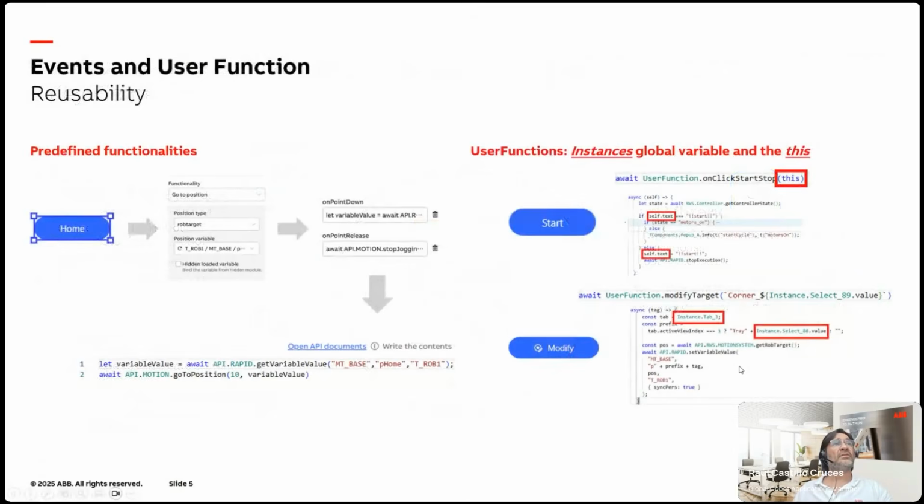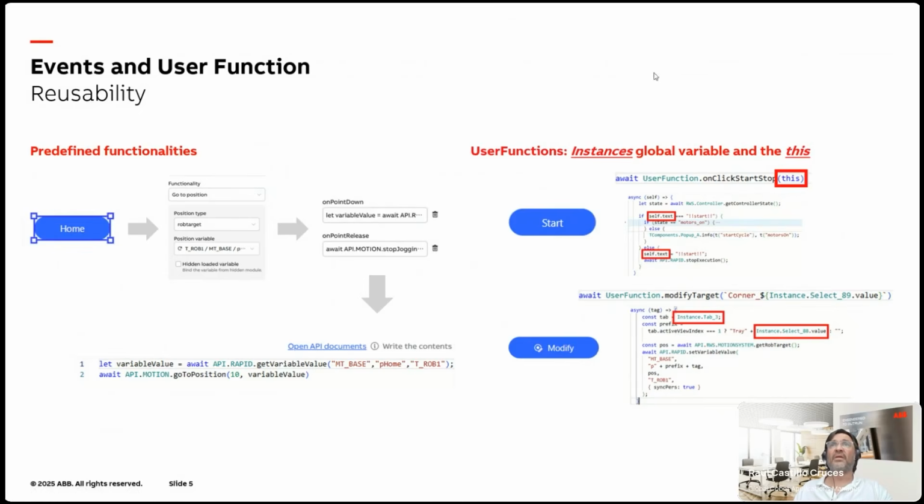Let me go back to the presentation to get some clear path, and I don't get lost in all my explanation. Here, I already showed you the predefined functionalities, and now we are jumping into the user functions. We started with the init app, and we will dive a little deeper, and we will see there are a couple of things that you can make use of to make your life easier.